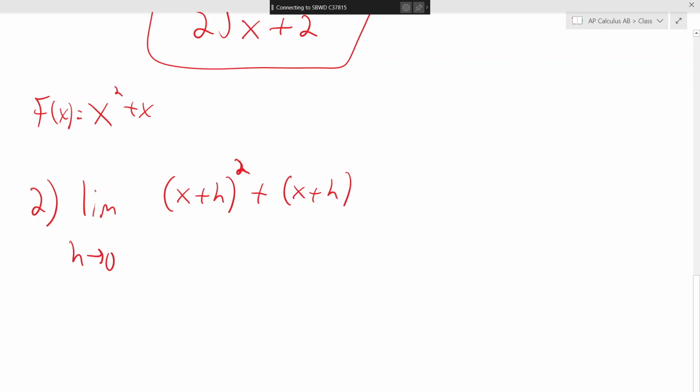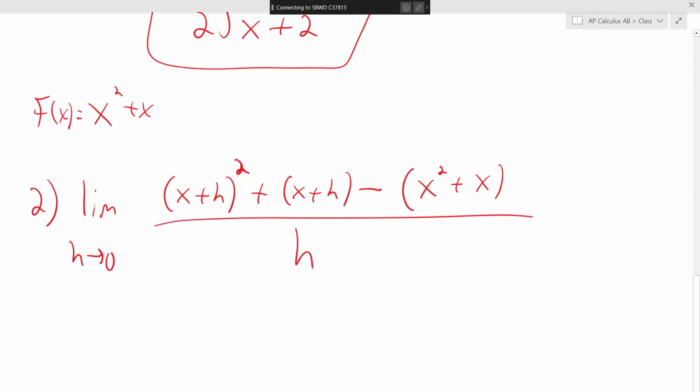Cool. I'm not putting an h at the end of f of x. I'm plugging in x plus h everywhere I see an x. I'm using parentheses because I'm substituting into this function. All right. Minus f of x. That's also in parentheses, but that's just going to be this thing right here.